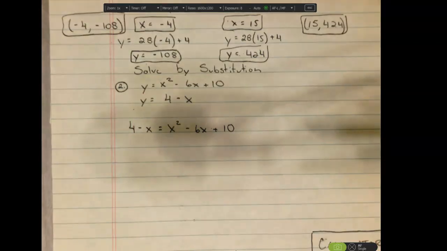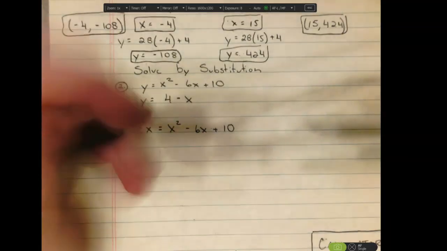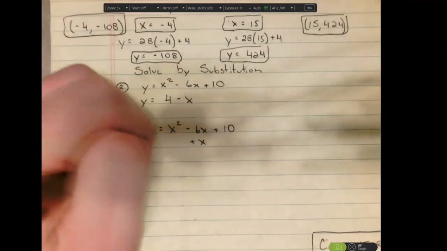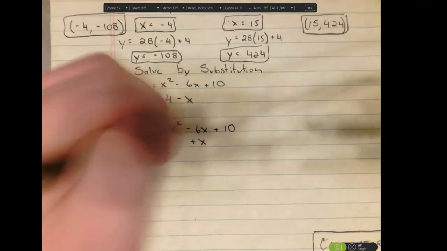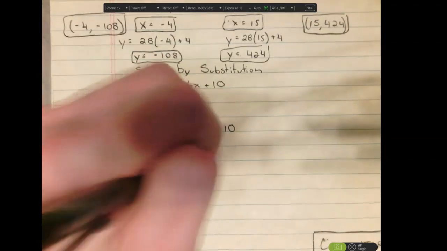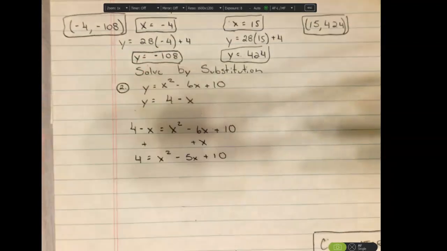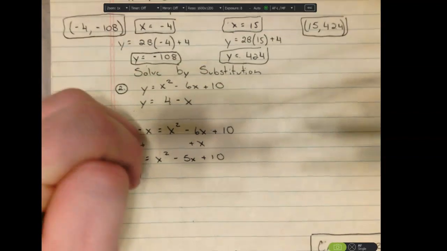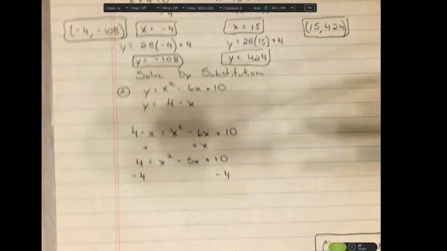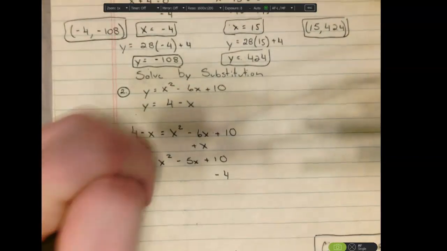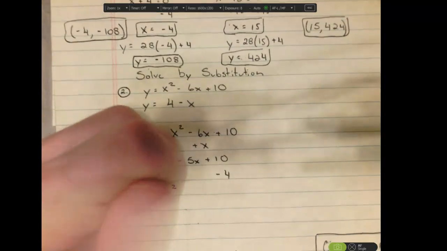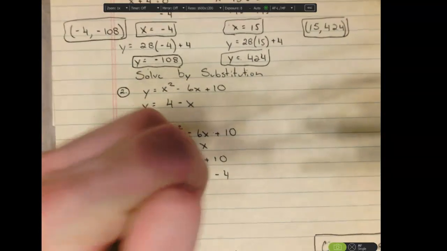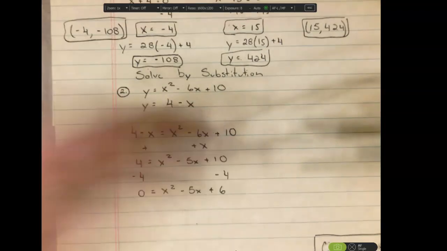From there, I want to combine like terms, so I'm going to add x to the other side. So I have 4 equals x squared minus 5x plus 10, and then I'm going to subtract 4 over to the other side as well. So I'm going to end up with 0 is equal to x squared minus 5x plus 6.